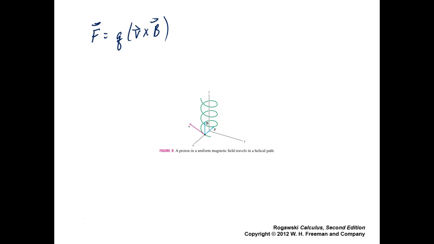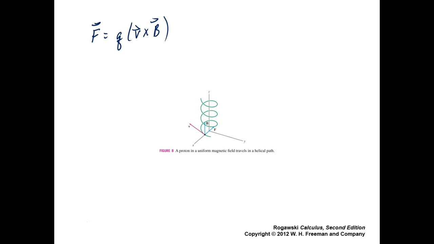But if the proton was trying to go anywhere other than the same direction as B, then it's going to have a force on it. And V cross B, sure enough, is going to be right-hand rule in that direction. If it was over here, it would be in this direction. The right-hand rule goes around that spiral like that. I can't keep it going without breaking my arm, but the force is toward the center of the spiral, all the way around.